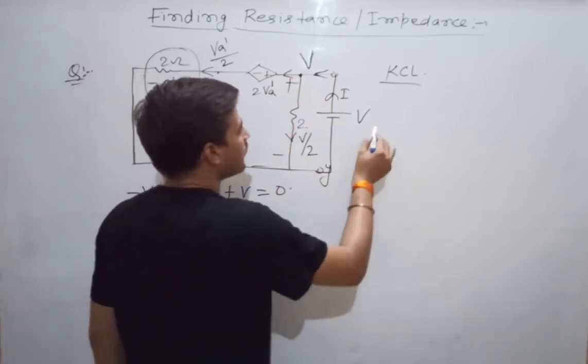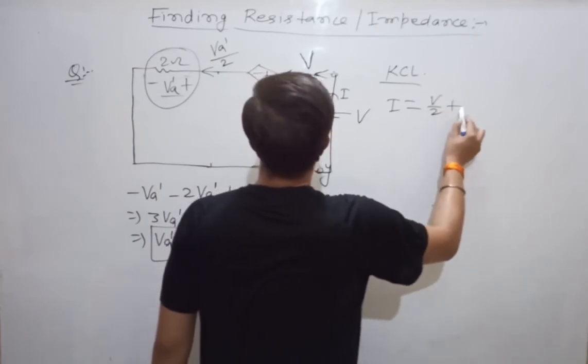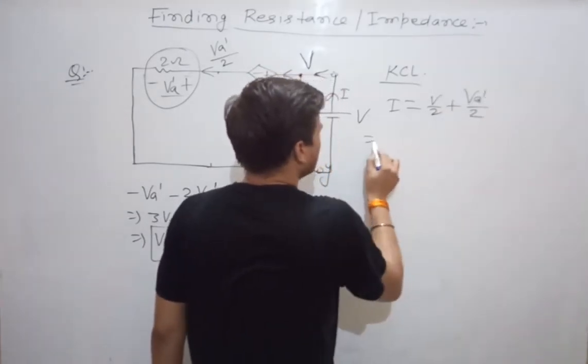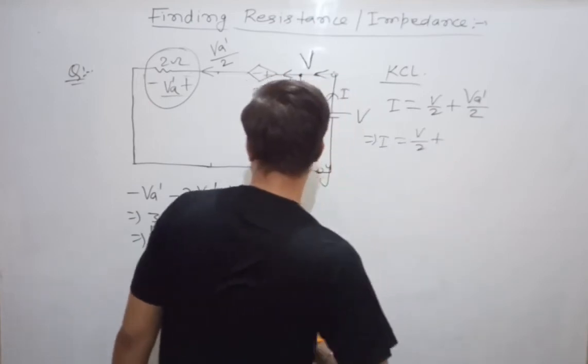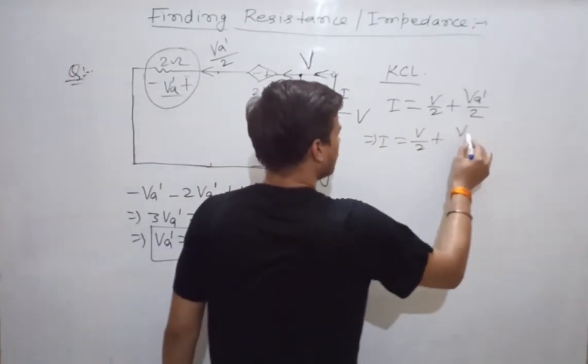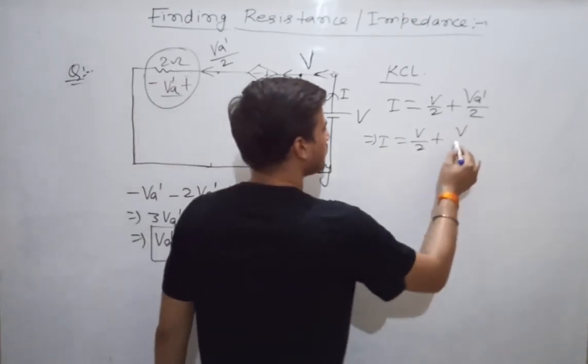So incoming will be equal to outgoing. So I is equal to V by 2 plus VA dash by 2. VA dash is V by 3, so here it will be V by 6.